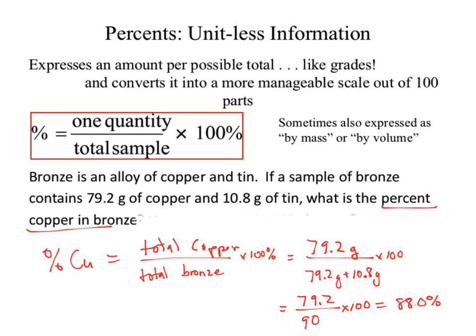How much of this is necessary for credit? Ideally, all of it. But the ideally is more for you than it is for me because you can now check your work. What I would be looking for to get full credit, I think I can get away with this: 79.2 over 90. Actually, I don't even want to see the 90 right away.